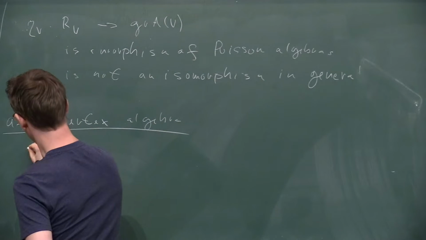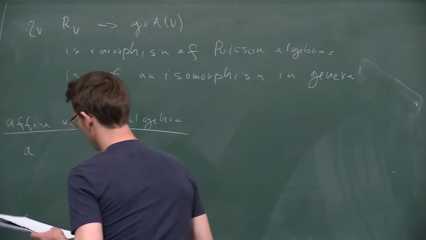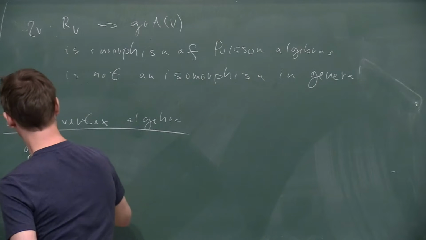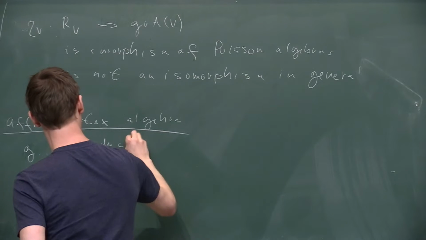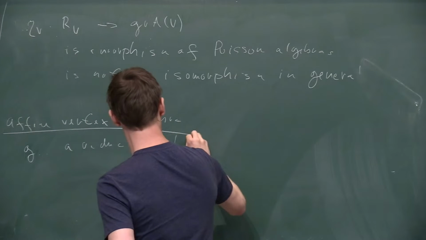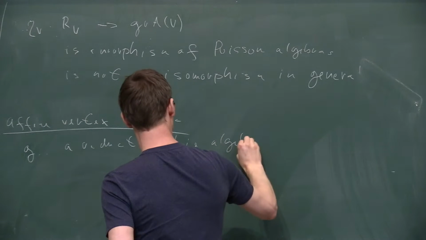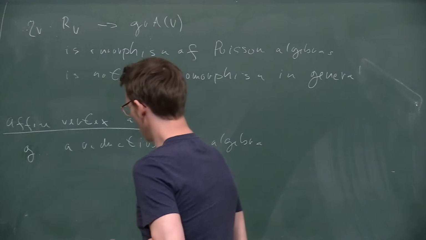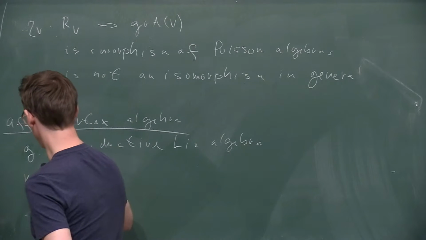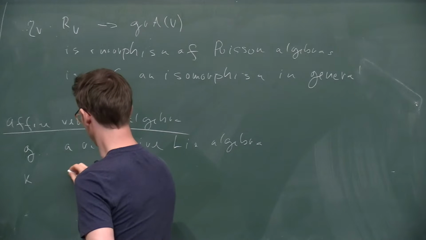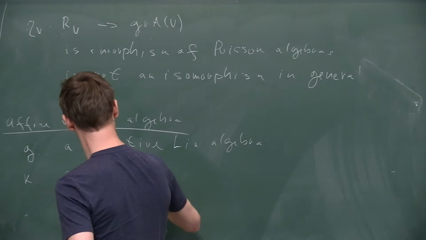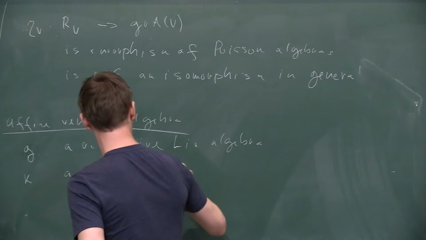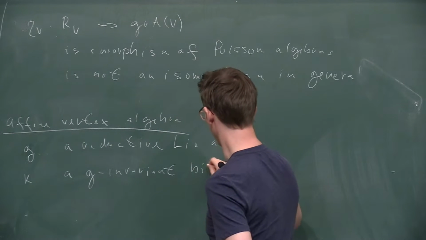So I will take some graded reductive Lie algebra g, and the level will not be an integer, but some g-invariant bilinear form on this algebra g.